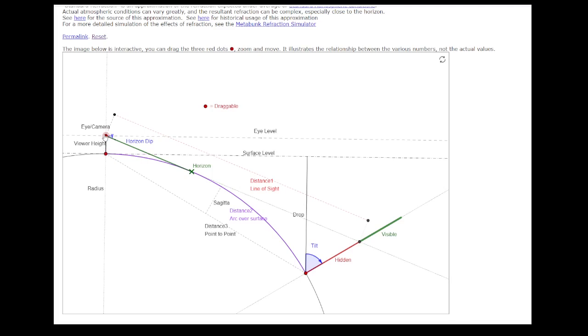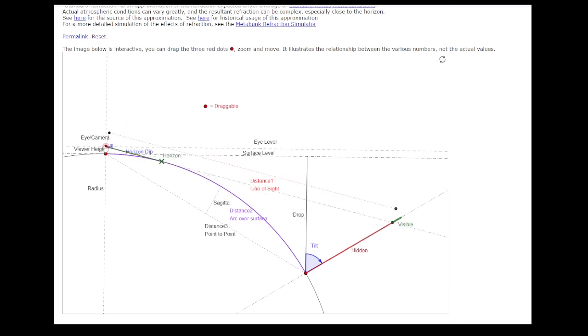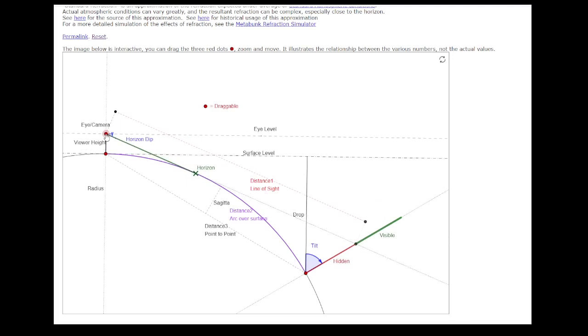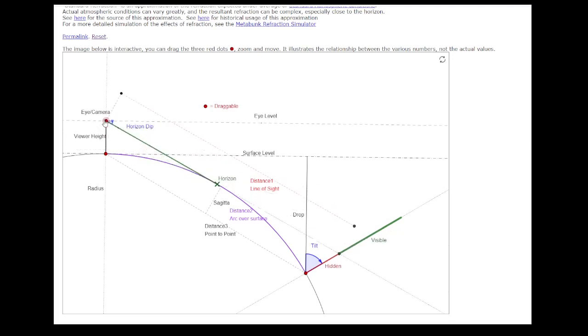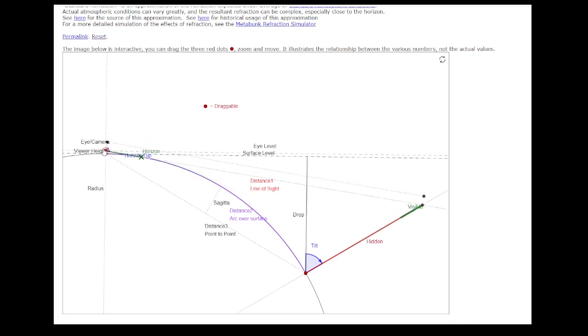So as I said, it is indeed true that as you gain height above the surface of the Earth, you do indeed see further with much more clarity. And the lower you go, the more things on the surface will get cut off. So as you bring this observer height down, you get a horizon that comes a lot closer.